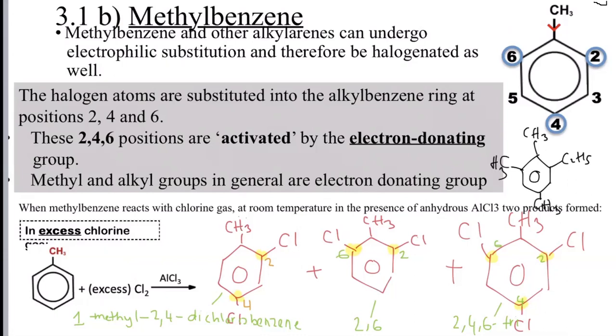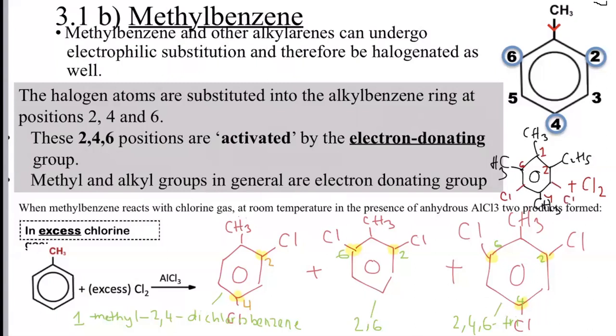So you can see that carbon 1, 2, 4, and 6 are blocked. Okay, then if you want to react this with Cl2 with the presence of a halogen carrier, which is anhydrous aluminium chloride, then only your chlorine will sit on position 3 and 5.